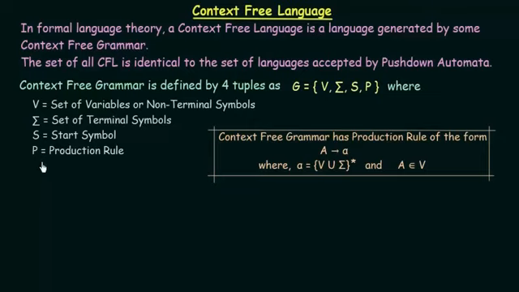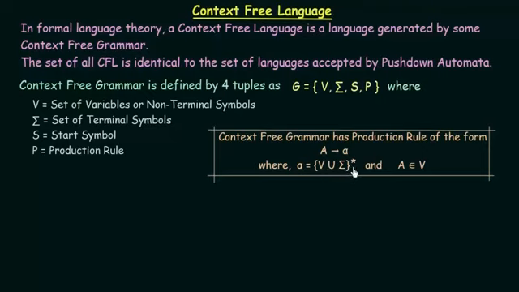The difference lies in the production rule. In context-free grammar, the production rule is of the form A gives alpha, where alpha is in (V union sigma) closure. That means alpha can be a non-terminal symbol or a terminal symbol.